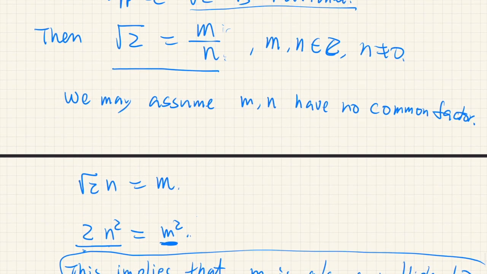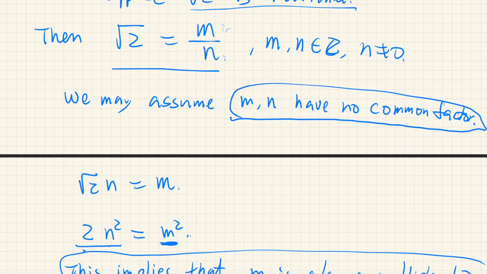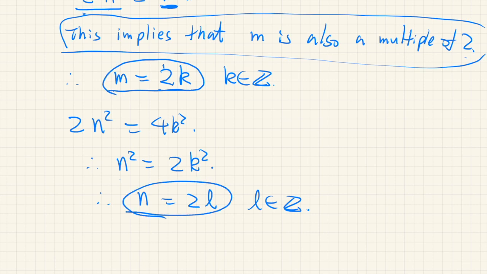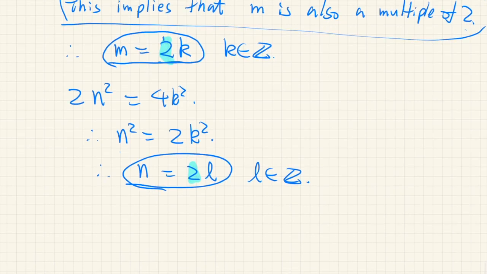But by assumption, m and n had no common factor. But here we are: m is an even number and n is an even number. So they have the common factor 2, which is a contradiction.